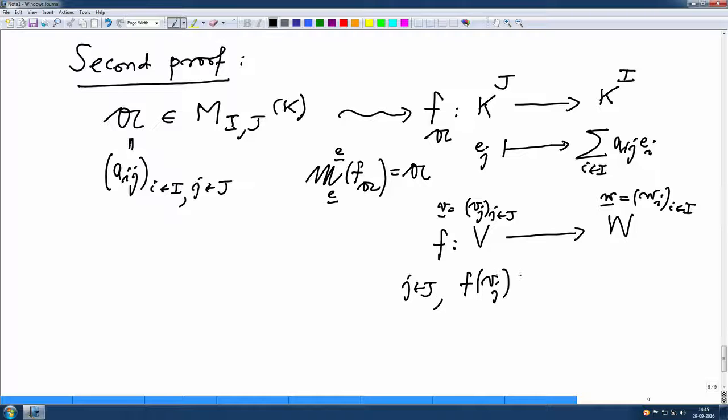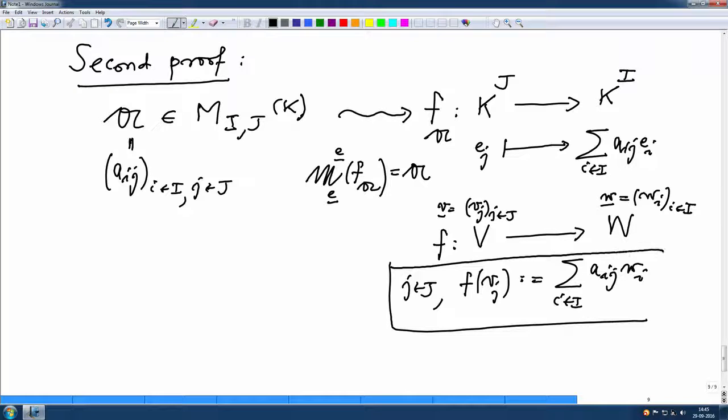We will define f of v_j by this formula. And this way we do not have a confusion with the standard basis and coordinates and so on.